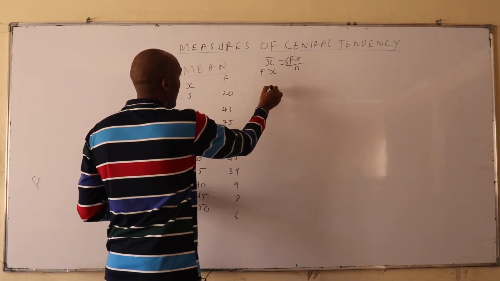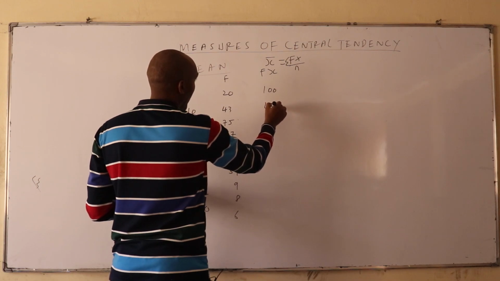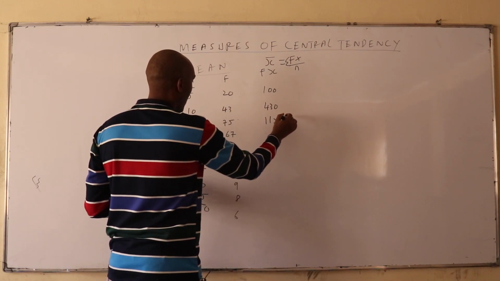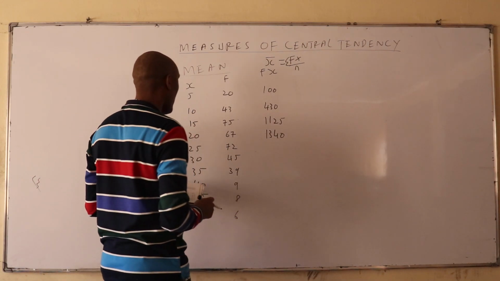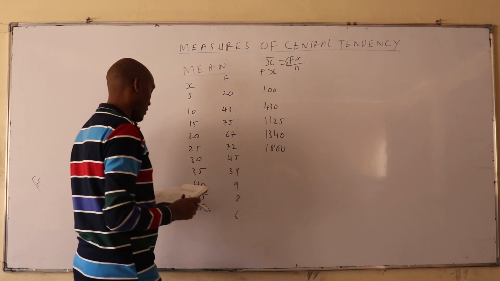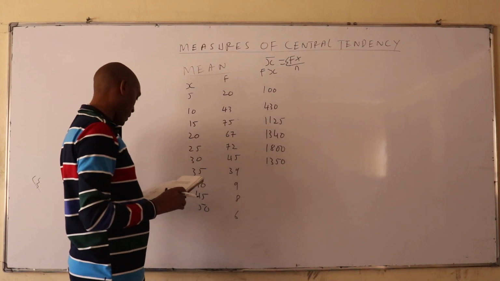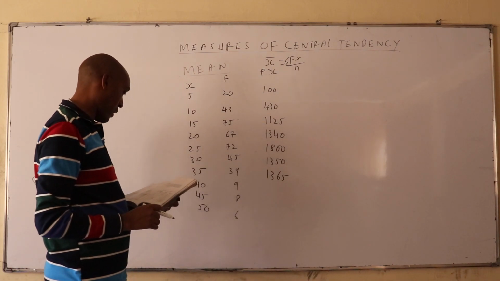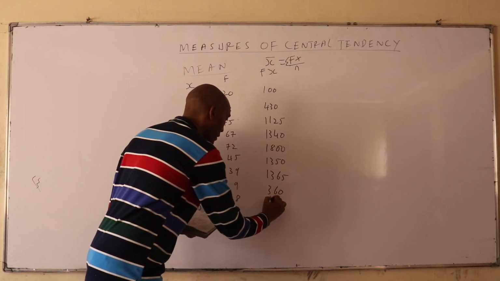So 5 times 20 is 100. 10 times 43 is 430. 15 times 75 is 1125. 20 times 67 is 1340. 25 times 72 is 1800. 30 times 45 is 1350. 35 times 39 is 1365. 40 times 9 is 360. 45 times 8 is 360.